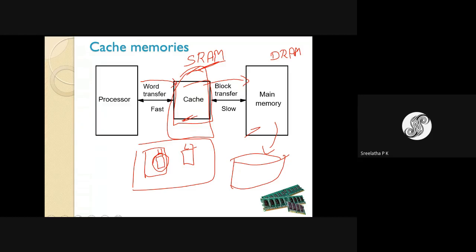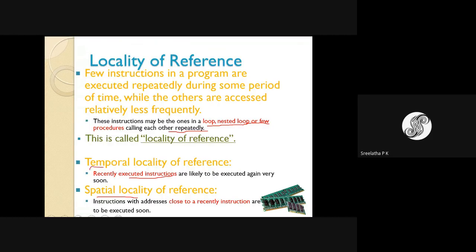It can be temporal locality of reference or spatial locality of reference. Temporal locality of reference means the most recently executed instructions are stored in the cache memory.